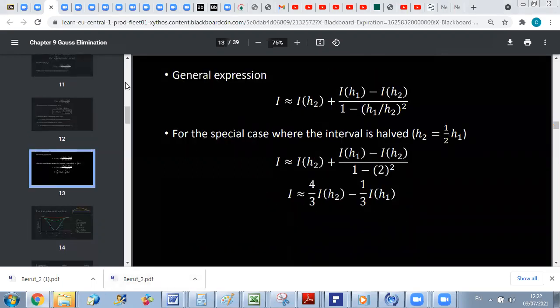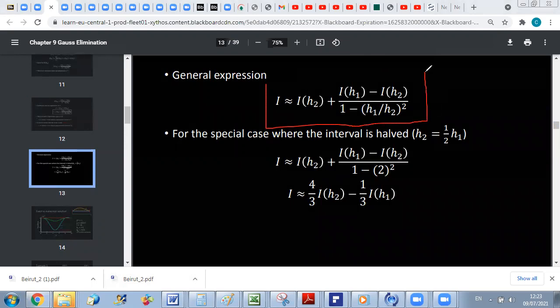Now, this is the general expression of I that can be obtained using two estimates of I. In a special case where the interval is halved, so if I am doubling the number of segments, then H2 is equal to half H1. I can replace this ratio by 2 because H1 is 2 H2.